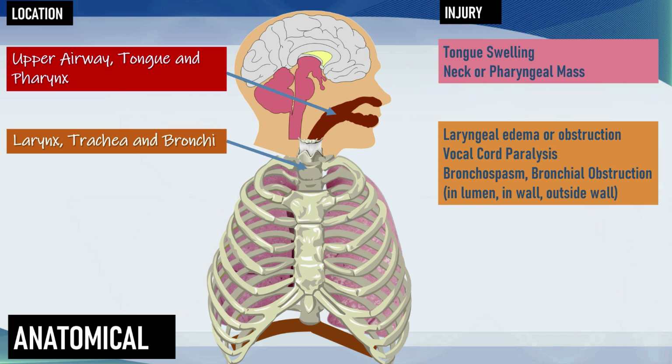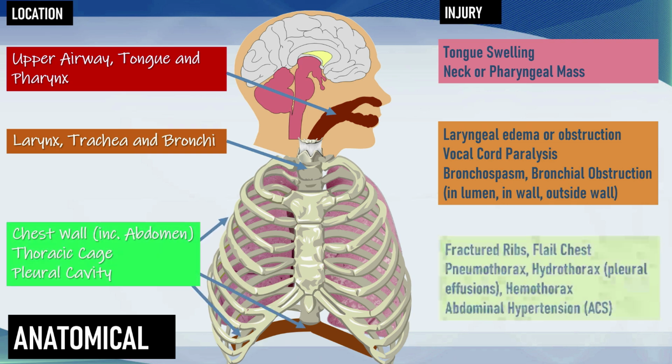The trachea itself may be compressed by an enlarging thyroid gland, particularly a thyroid tumor. The bronchi and the bronchioles may become obstructed either due to bronchospasm or an obstruction in the lumen, in the wall, or outside the wall. And then subsequently, if we go down through the chest, we have the chest wall itself that needs to move to get gas in and out.